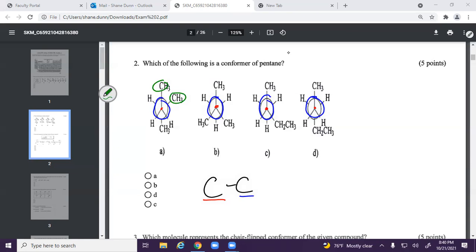4. So A is 4 carbons in a row, a carbon chain of 4. We don't see that. And then you have this. Those are all your carbon chains. That is not pentane, that is butane. A is wrong.